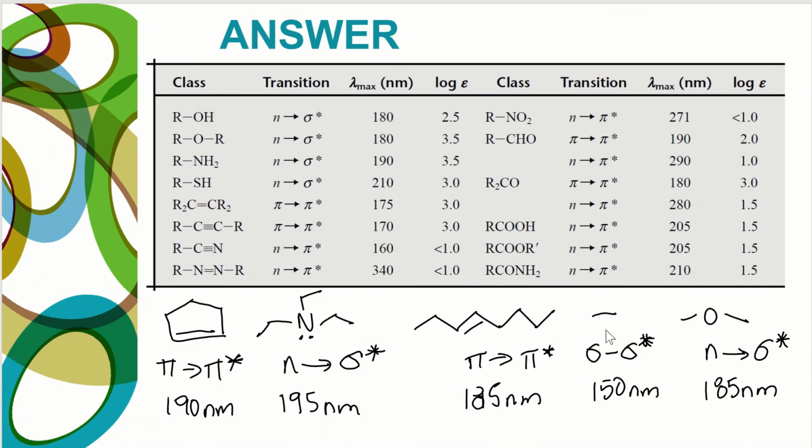Where we have only single bonds, we have sigma to sigma star. Here we have non-bonding electrons. I should have placed them in for my oxygen. So we'd have the n to sigma star transitions there, and similarly for triethylamine.